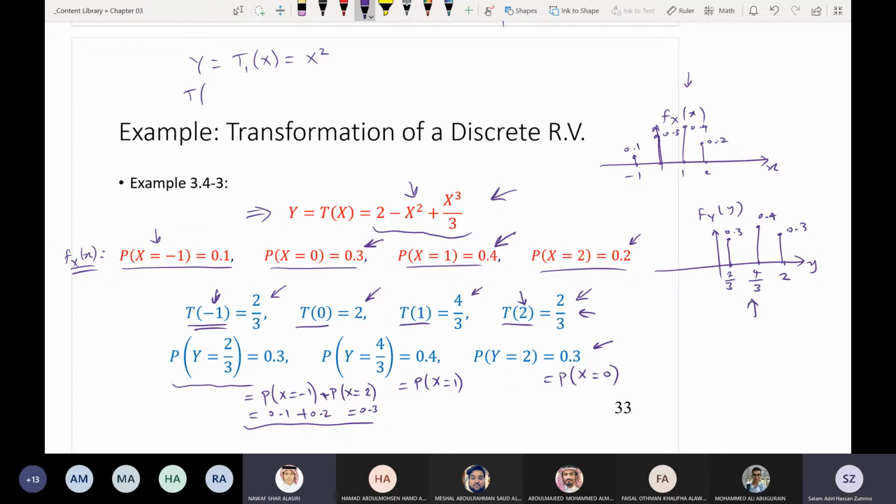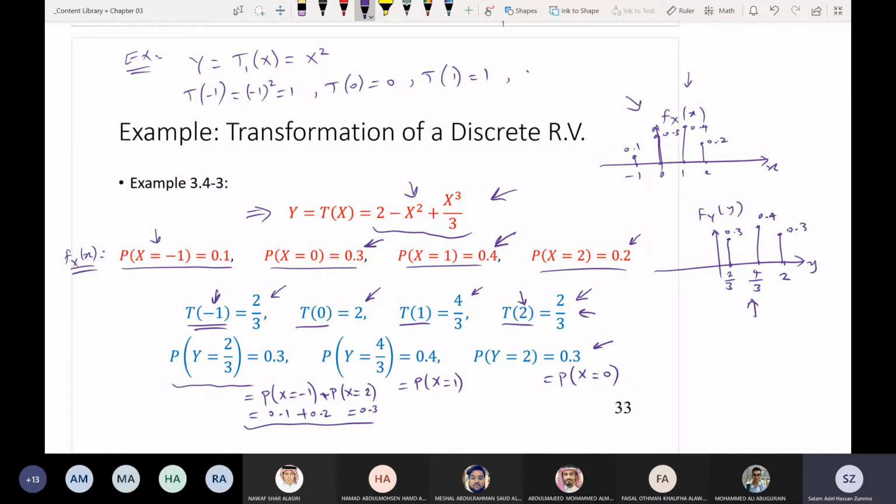So how many values does x take in this example? 4 values again. So t of minus 1 is what? It's minus 1 squared, which is 1. And t of 0 is 0 squared, which is 0. T of the next value, 1, is 1.